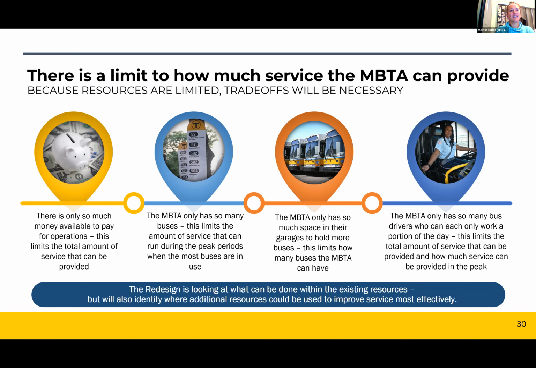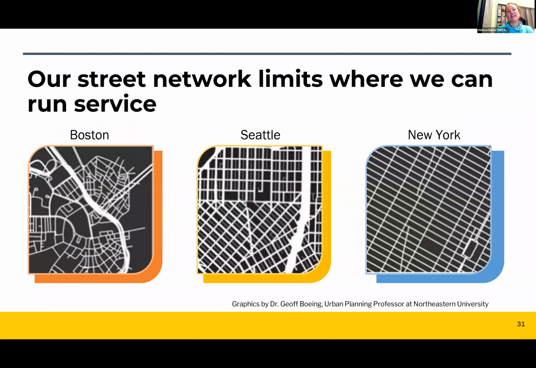On the next slide, we can also see that there are other kinds of limits to how we can run service and build our network. This map shows Boston's street grid, which, well, I can't quite call it a grid, and compares that to Seattle and New York, which have far more regularly spaced grids.